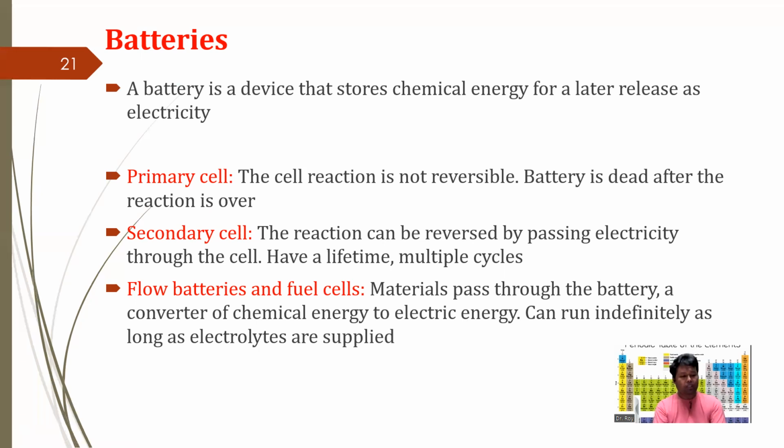in a battery some chemicals are there. When these chemicals react, they produce some electricity that is used to run a device, and that is normally for the primary cell.